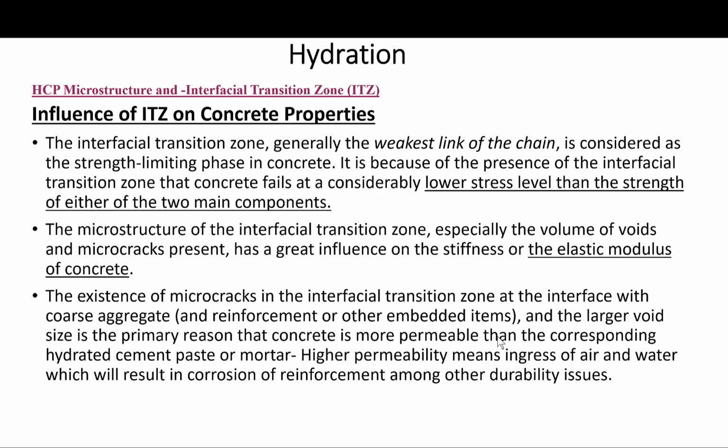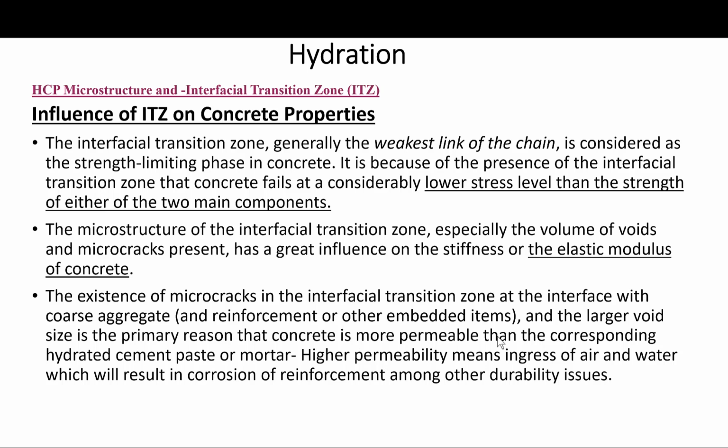Also, the existence of microcracks in the interfacial zone at the interface with the coarse aggregate and reinforcement or other embedded items, and the larger void size, is the primary reason that concrete is more permeable than the corresponding hydrated paste or mortar. Higher permeability means ingress of air and water, which will result in corrosion of reinforcement, among other issues.